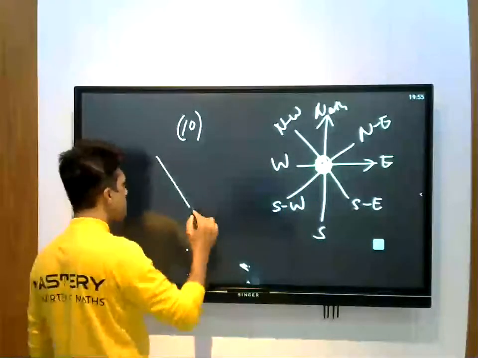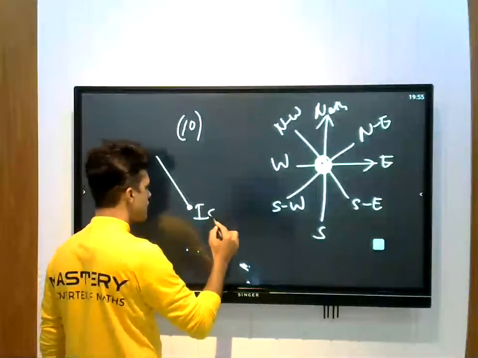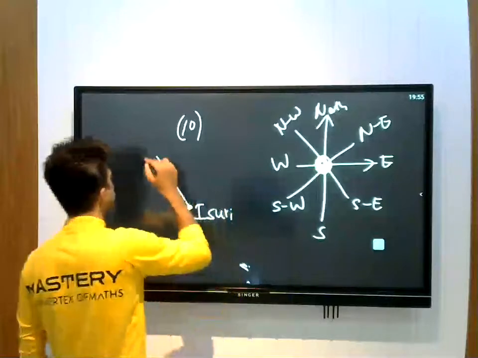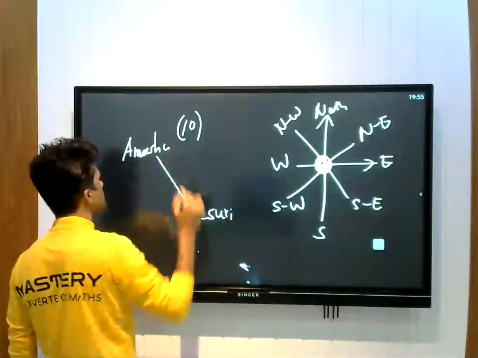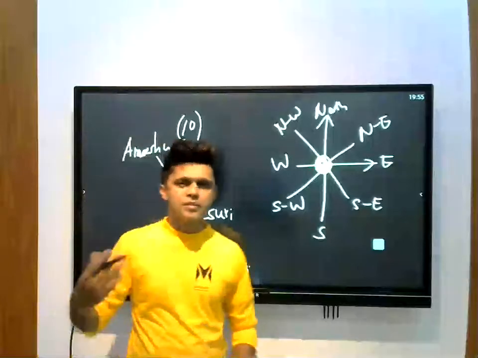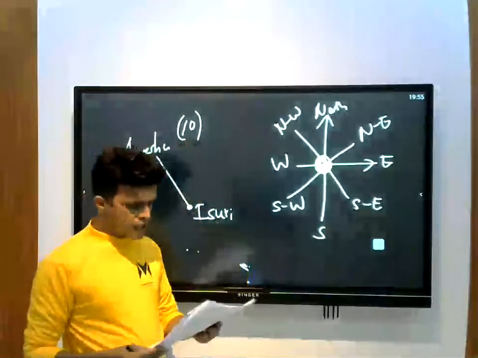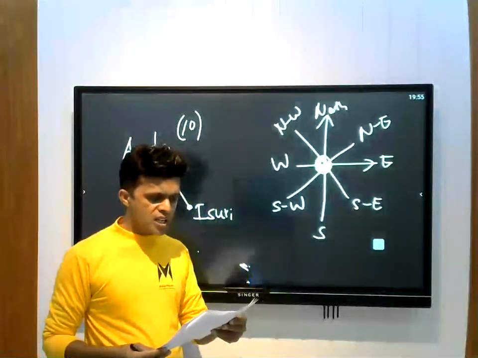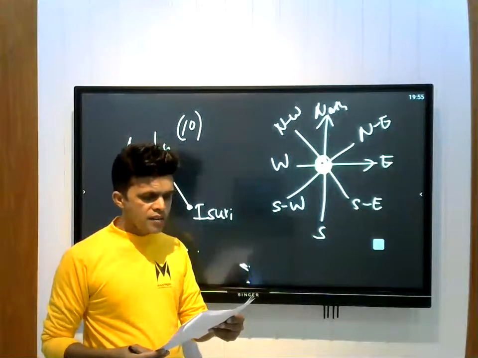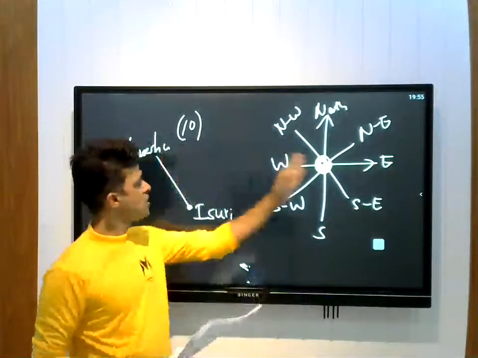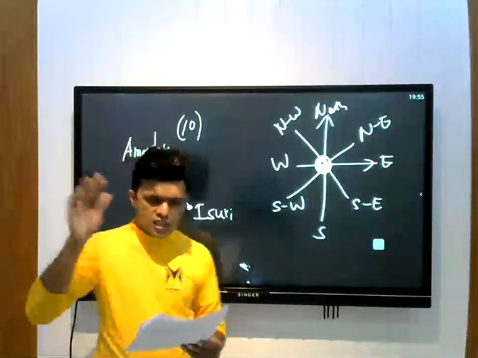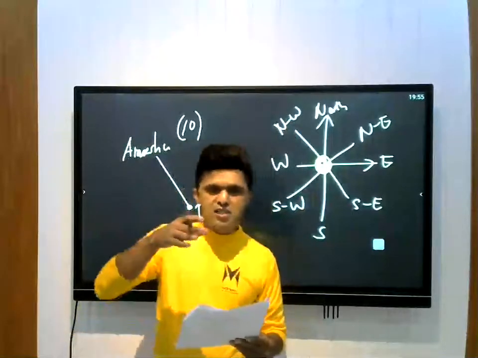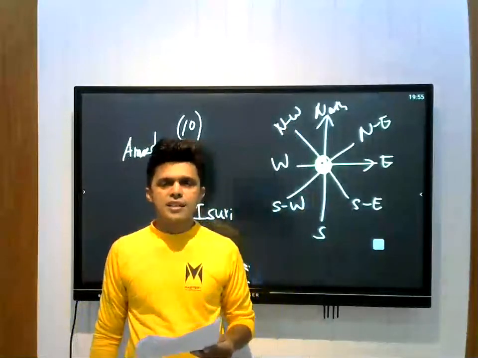Just to imagine, this is the point where Isuri is. If this is the place of Isuri, then this is the place of Amisha. The question is, what is the direction in which Amisha can see Isuri?